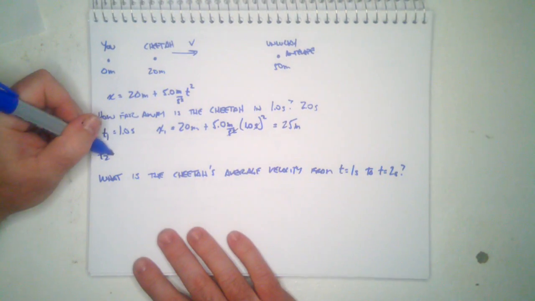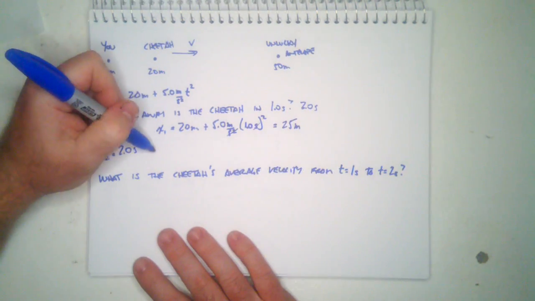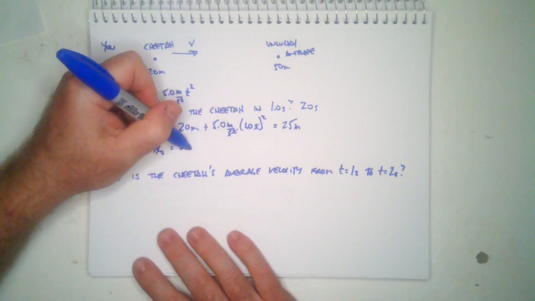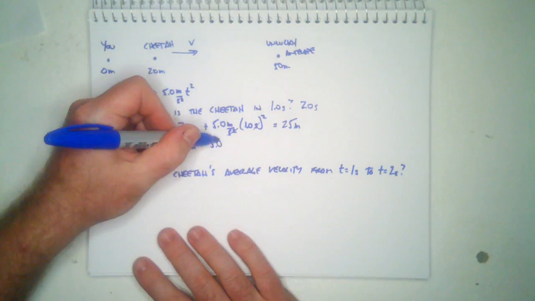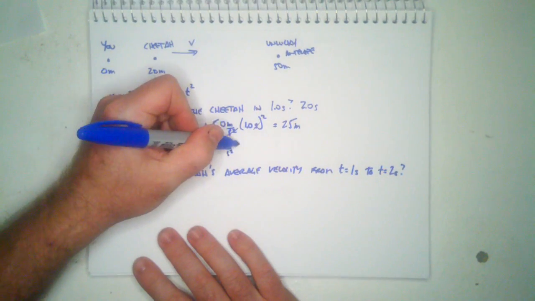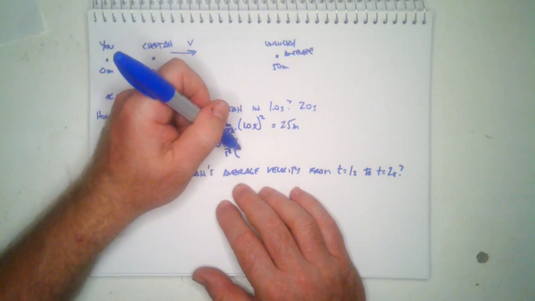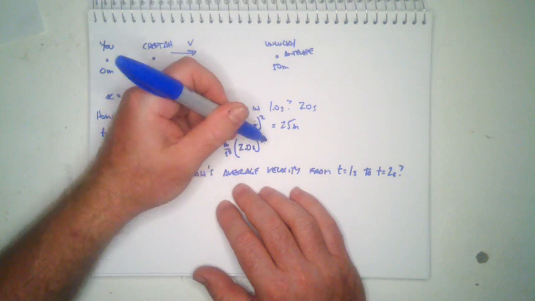t2 is 2 seconds. So that means x2 equals the same function, 20 meters plus 5.0 meters per second squared. Now this time, t equals 2. So put in 2.0 seconds, we square that.